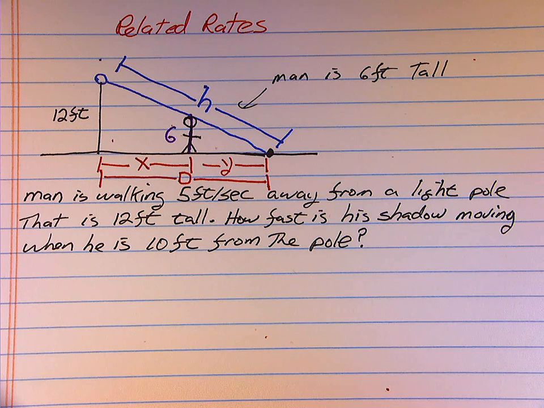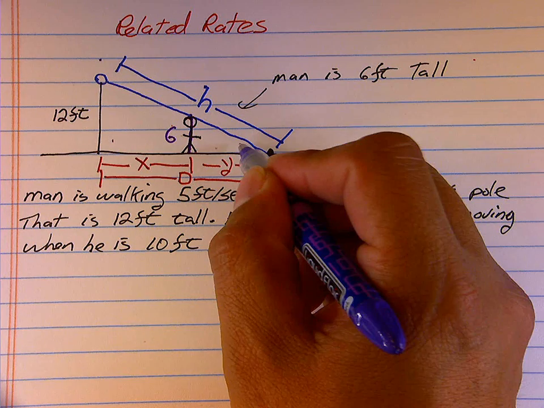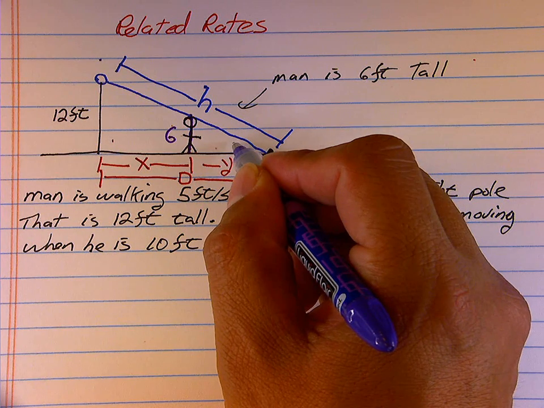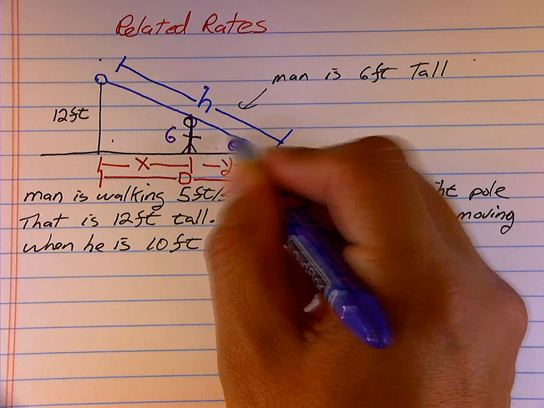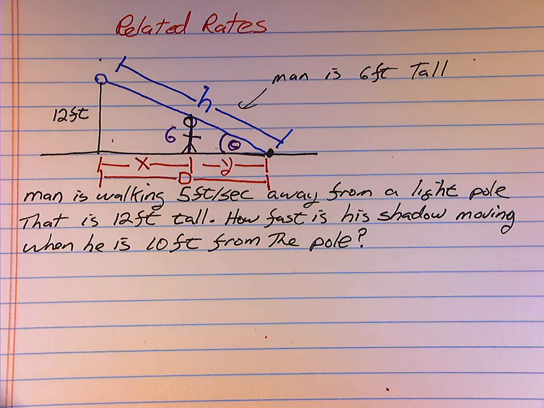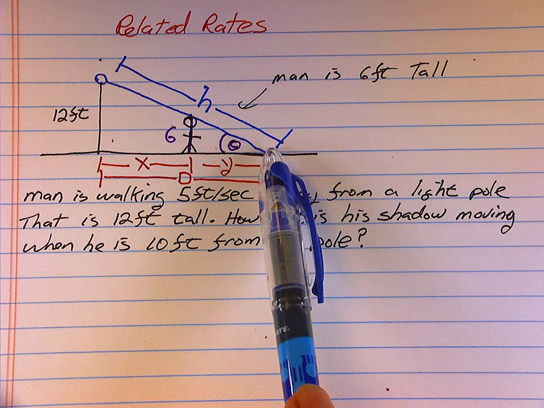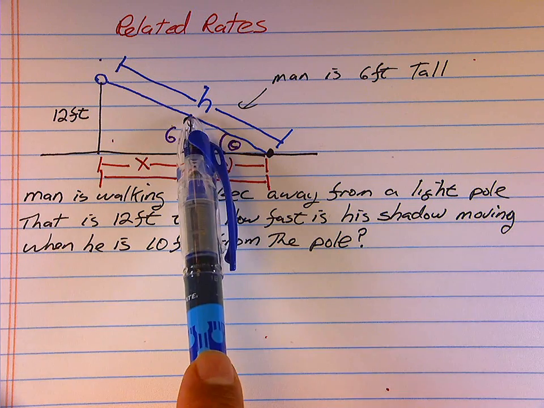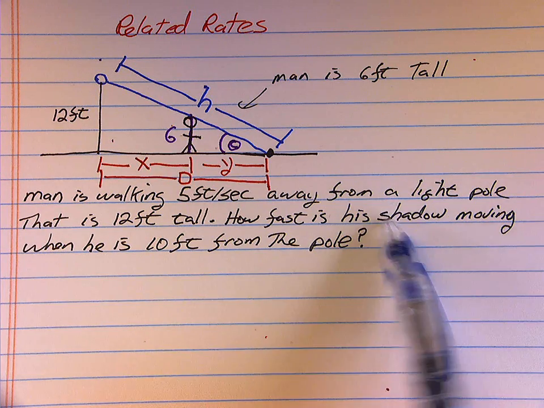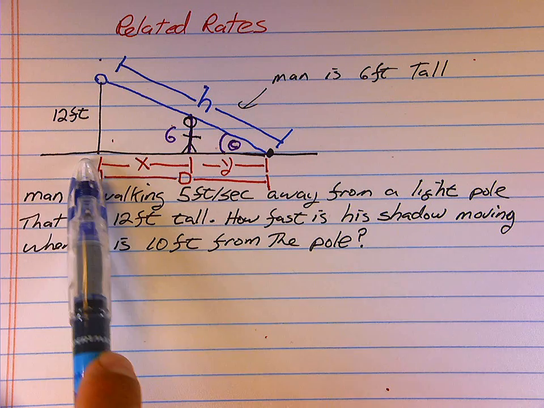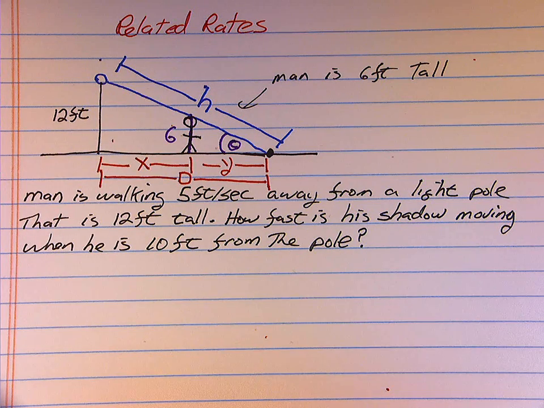In this right triangle, I also have this smaller little triangle. This angle here is changing. I will call it theta. And notice I have two little triangles inside of each other. The triangle from the tip of the shadow to the man and up. The triangle from the tip of the shadow to the light pole and up.